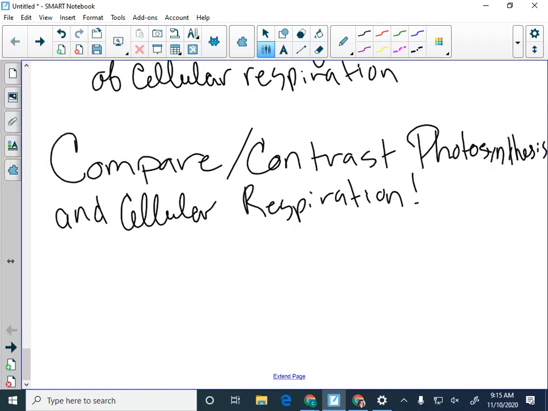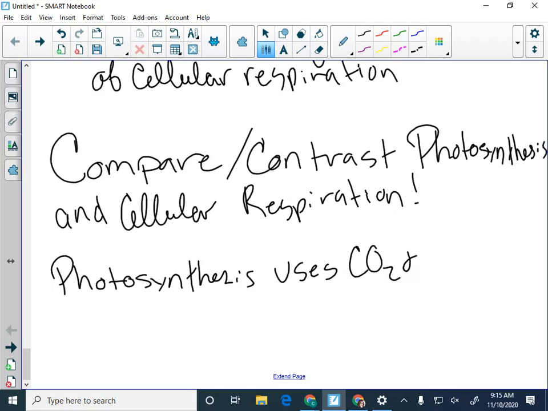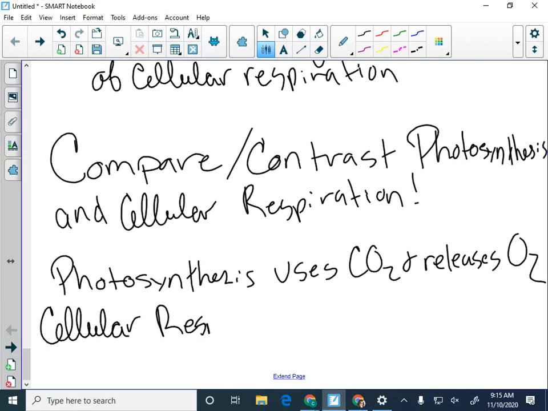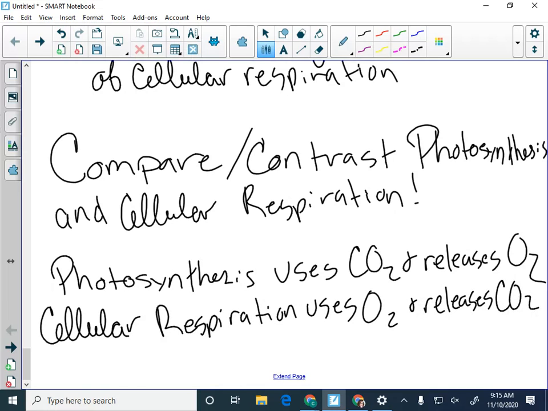But the main idea is that photosynthesis uses CO2 and releases oxygen, where cellular respiration uses oxygen and releases CO2. They are opposite processes.